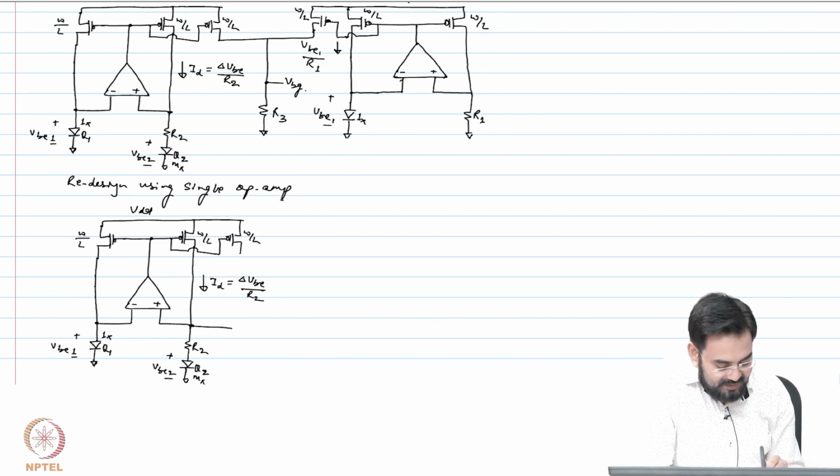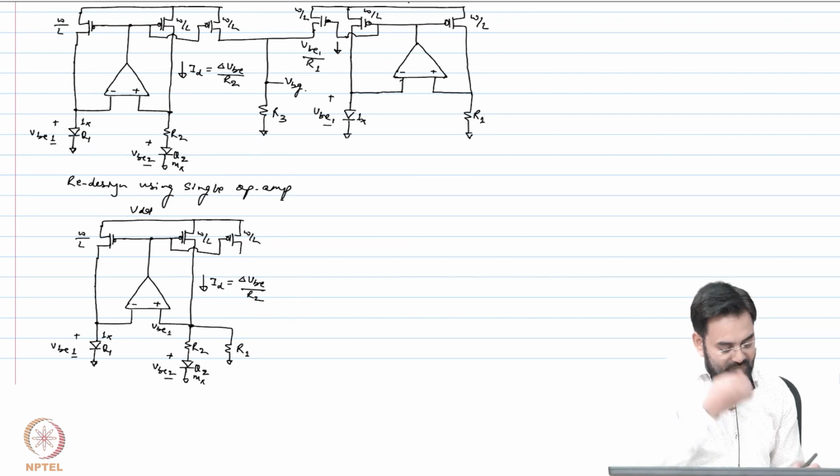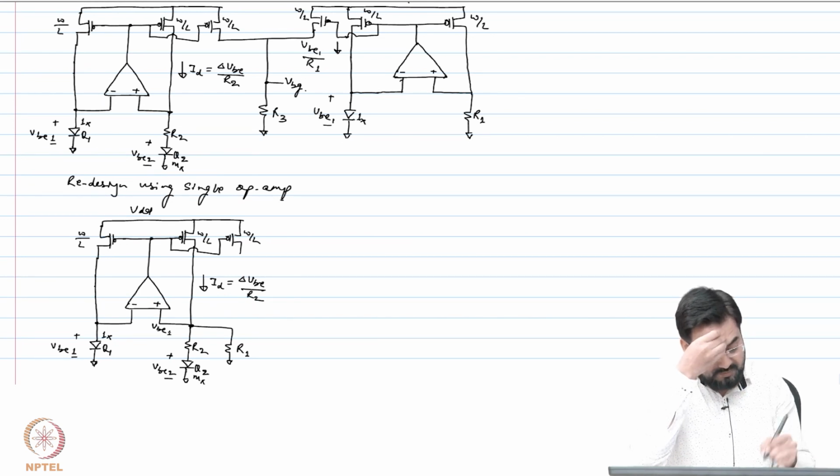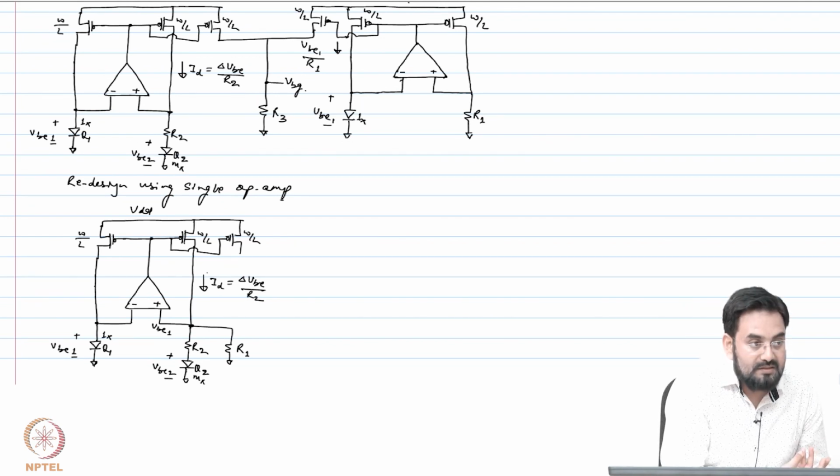What if I add this resistor and make it R1? So this voltage is already same as this VB1, correct? So this is VB1. So now the current which is flowing into this PMOS is delta VB by R2 plus delta VB by R1.